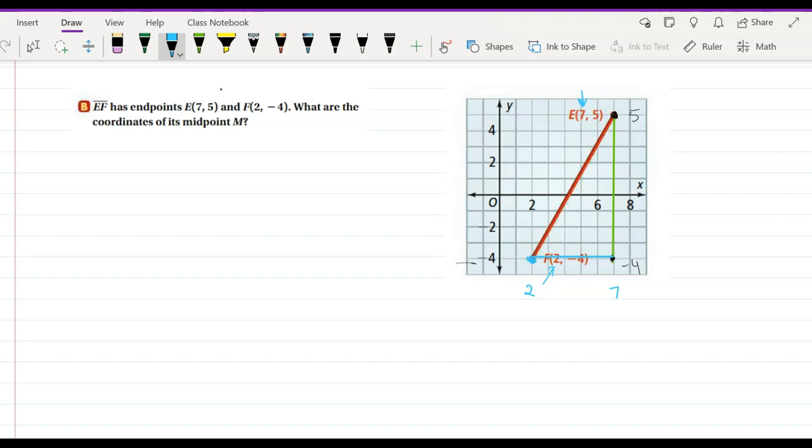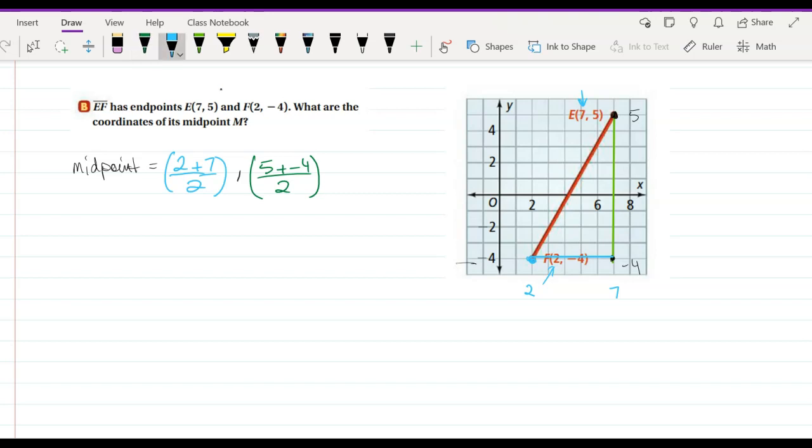So, let's find the midpoint. We're going to need coordinates to find this midpoint because it's on a coordinate plane, so it's not just a number line. So we're going to do our X values first. We've got 2 plus 7 divided by 2, comma, 5 plus negative 4 divided by 2.